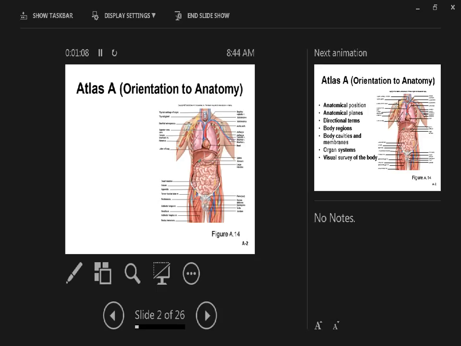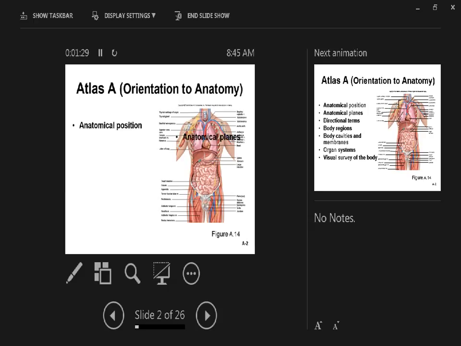Forward. The anatomical position, guys, is very important because it's used to locate accurate positions of body structures, regardless of what position you're in. So it's kind of like a frame of reference for the human form. So that's the anatomical position.